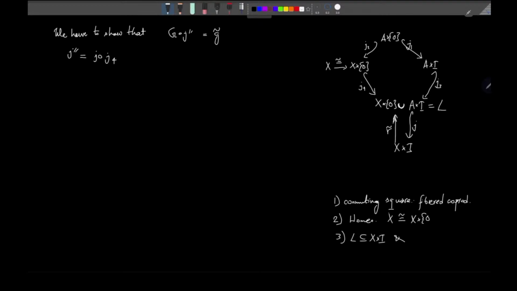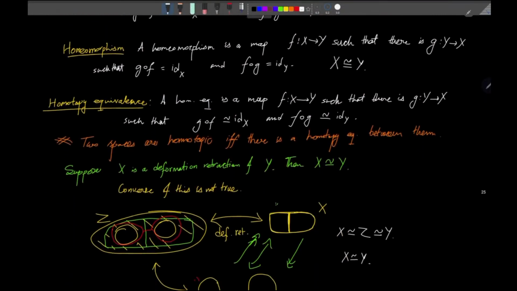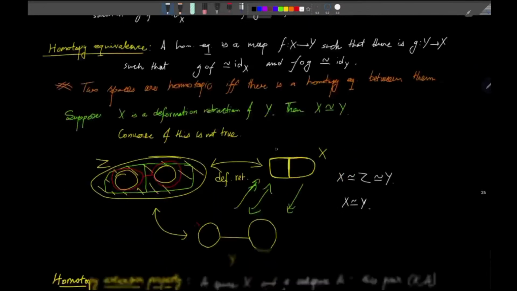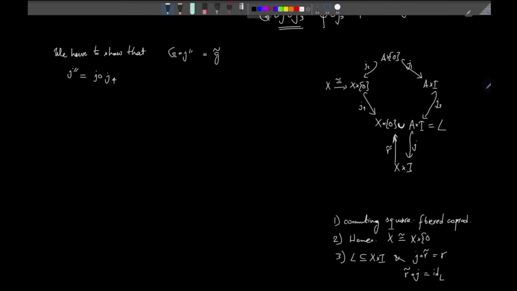This J composed with this restriction of the retraction was the main retraction R, because this is a deformation retract of the space x cross I, and R tilde composed with J equals the identity on the space L. That is all part of the definition of a deformation retract, that the homotopy is always identity on the subspace A that we are talking about. So it is all right there. So J is a right inverse of R tilde.